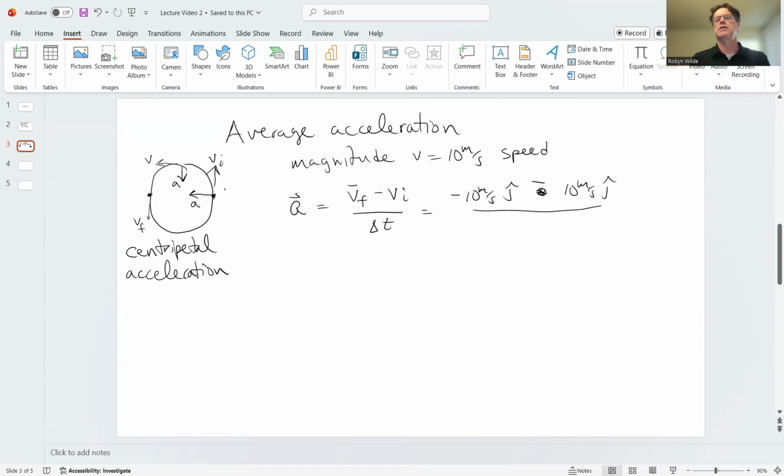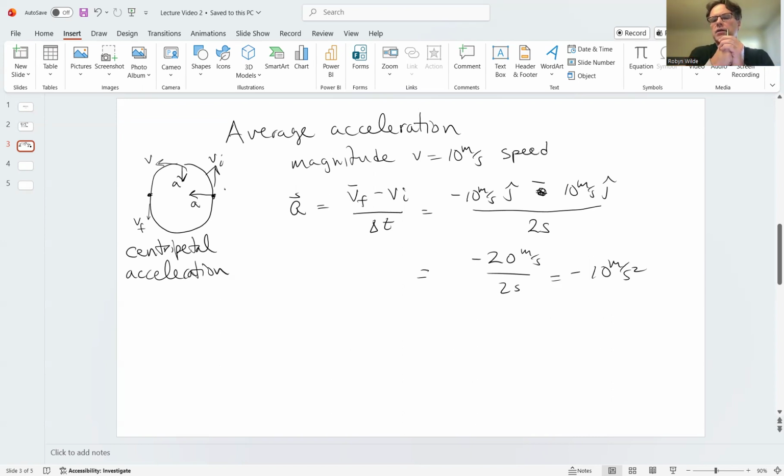Now, we're going to come back to this later, and we'll figure out how the time is related to the velocity or the speed. But for now, let's just say it is a time of 2 seconds. Say it took 2 seconds to go from here to here. Okay, so what I'm going to get is negative 10 minus 10, so negative 20 meters per second over 2 seconds, or negative 10 meters per second squared.